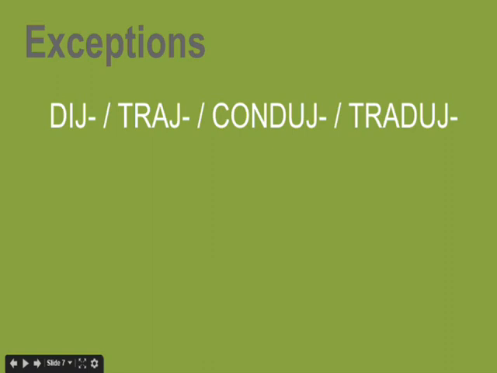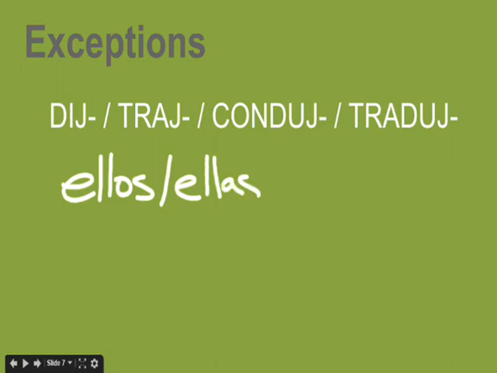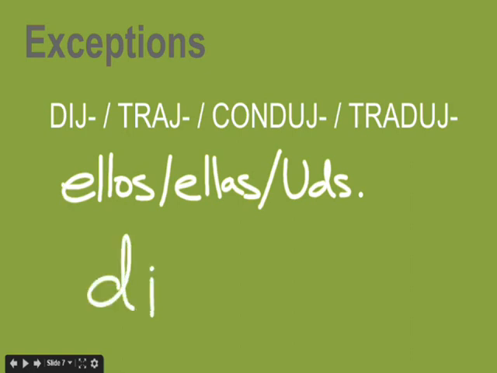So we still use the stems that we have listed here, but instead of using the regular ending for the ellos, ellas, ustedes form, it uses a slightly modified one. So if we want to say they said something, ellos dij, that's the stem, dijeron.